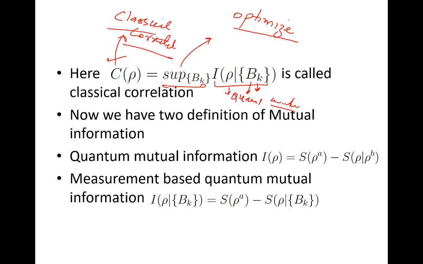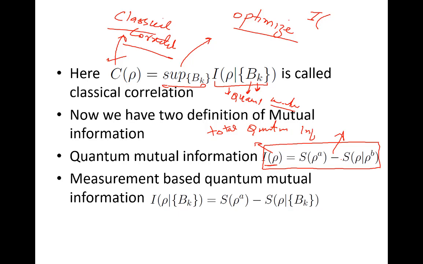Without measurement, this is the mutual information, which is this thing. This is quantum mutual information without measurement. So this will ensure the total correlation. So quantum mutual information is the total information.